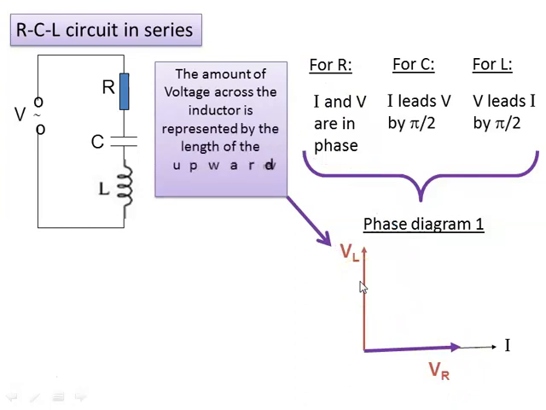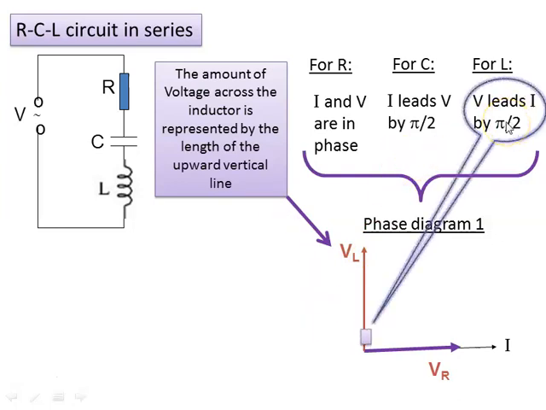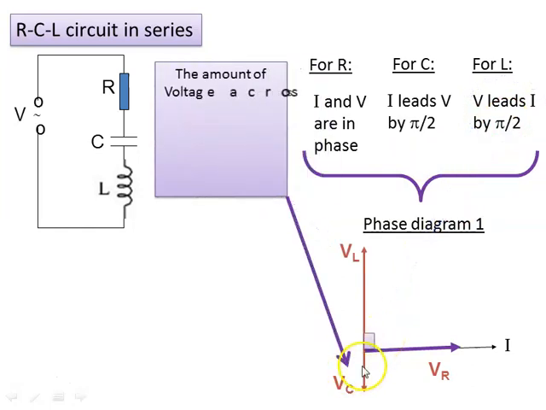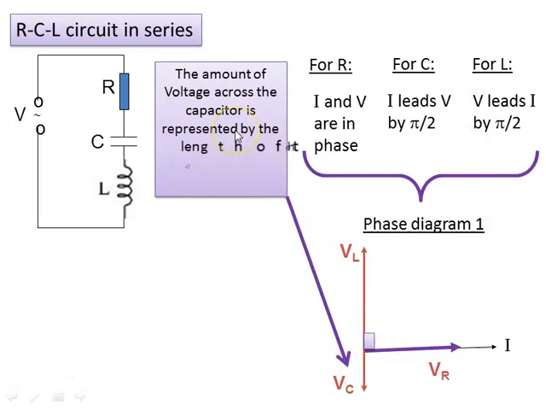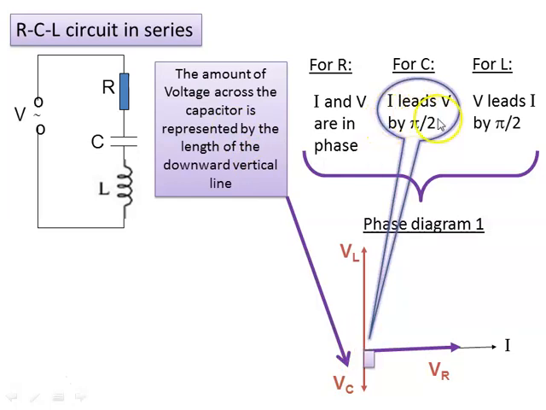And the VL, voltage across the inductor, is represented by the upward vertical line, because V leads I by pi per 2 radian, and the angle is 90 degrees. And then the voltage across the capacitor is represented by the downward vertical line, because I leads V by pi per 2 radian. So that's why we draw it downward.